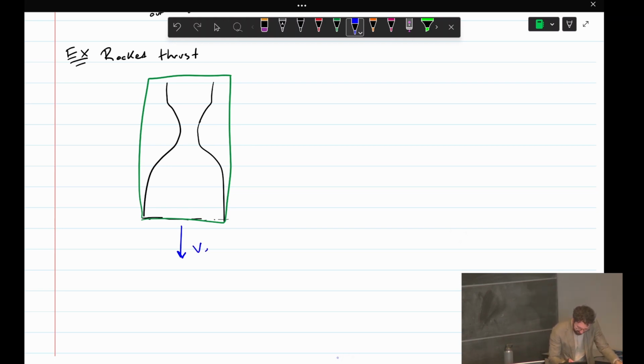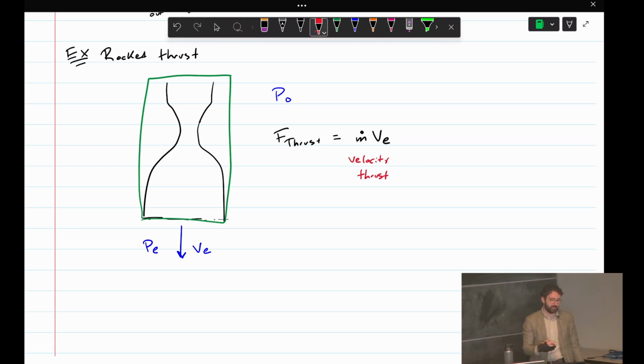So this has some sort of exit velocity and also some exit pressure. The atmosphere around this rocket has some pressure P0. So the force of thrust is equal to this m dot VE. That's called the velocity thrust. And now, since our outlet, you can't really assume this is at atmospheric pressure anymore.